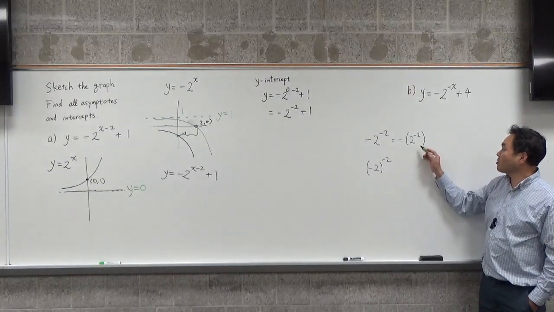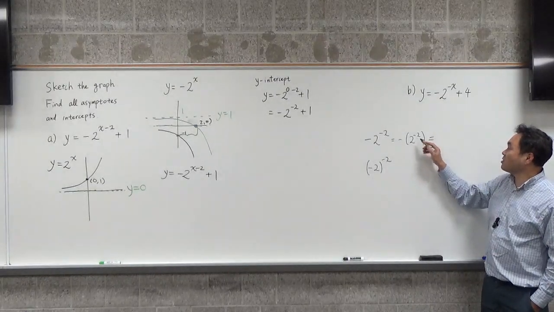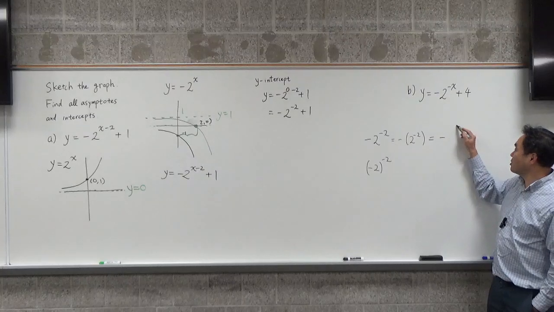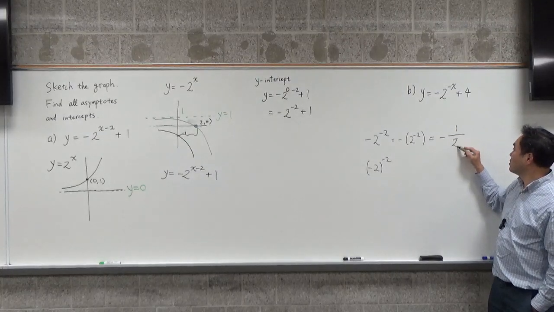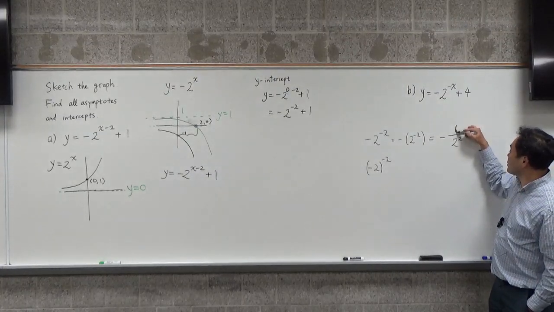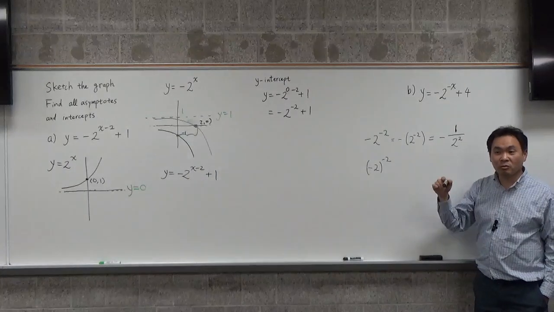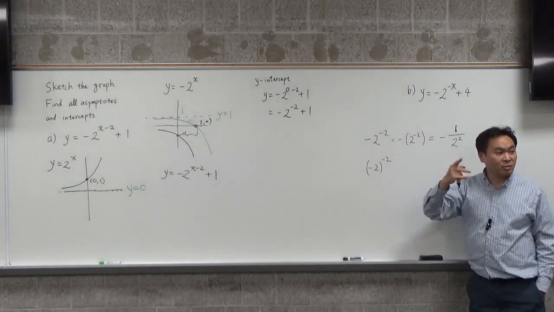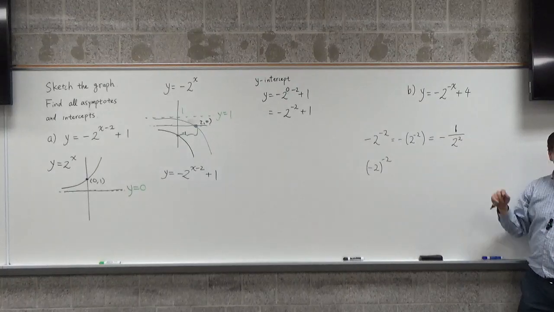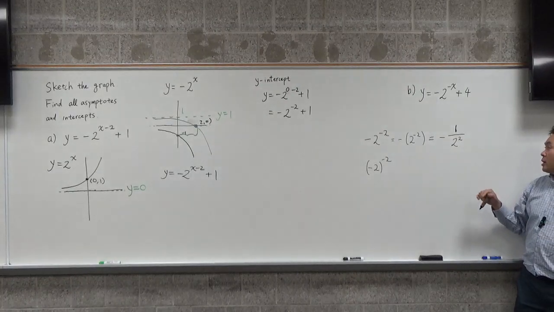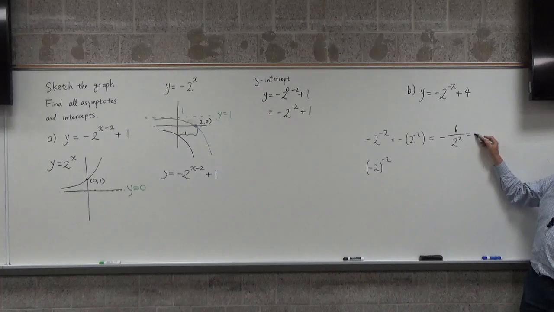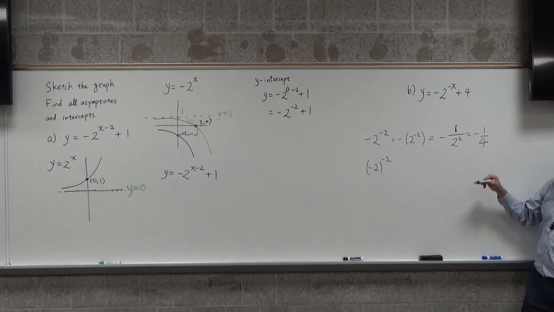First of all, this one, with the minus exponent, what does that do? Yeah, it turns into a fraction. It becomes 1 over that thing. It takes the reciprocal and you take the exponent of it. And because of that, this is negative 1 over 4.